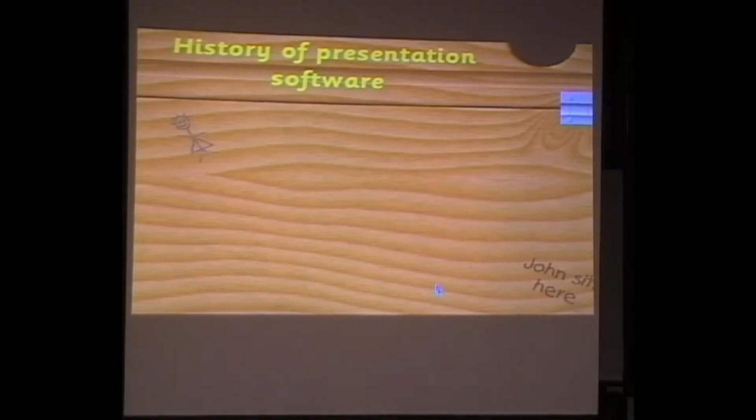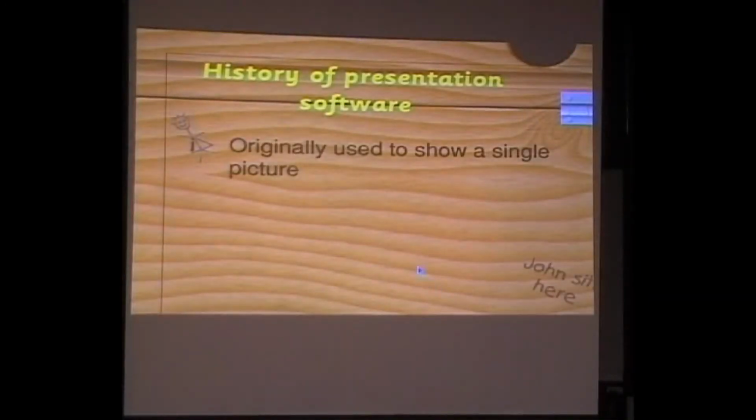Yes, there is. So I was trying to work out the history of presentation software, and this is really tricky because obviously original computers didn't do graphics as such. Well, they did do sticky things.